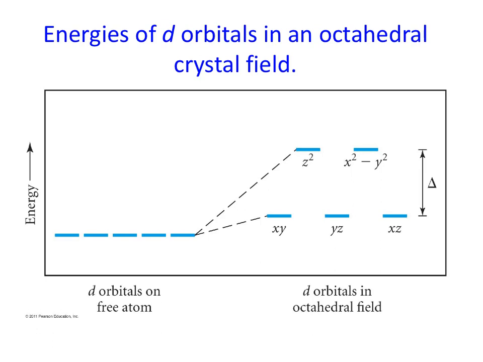Now let's look at the energies of the d orbitals in an octahedral crystal field. So what we're looking at over here, these are the orbitals in a free atom. That means, for example, just maybe iron 2+ by itself with no ligands around it.